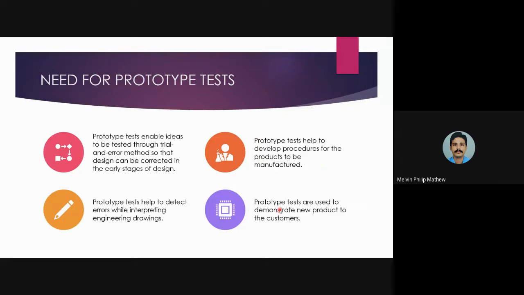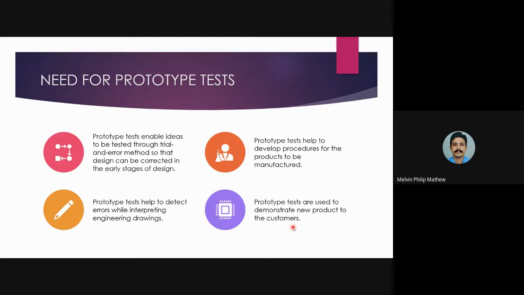Then comes, prototype tests are used to demonstrate new products to the customers. For beta versions, you have heard of beta versions, the product is designed for a specific number of consumers, and then based on their output, we study the defects and then finish the final product.